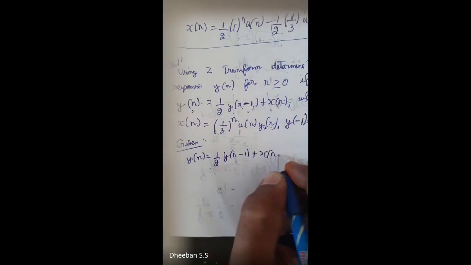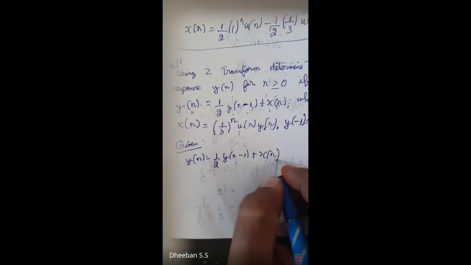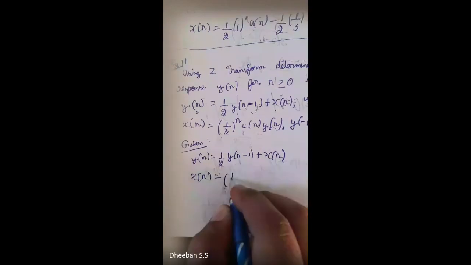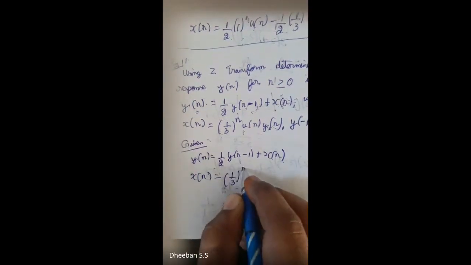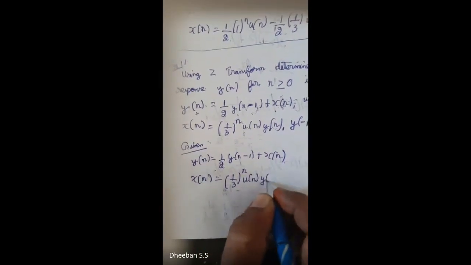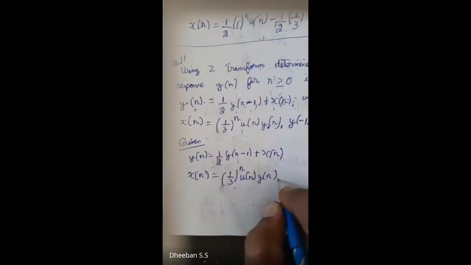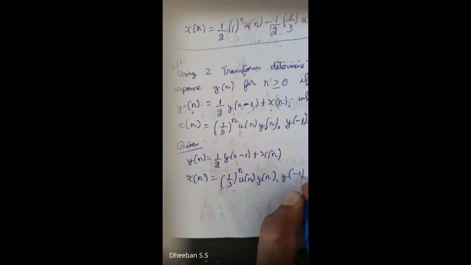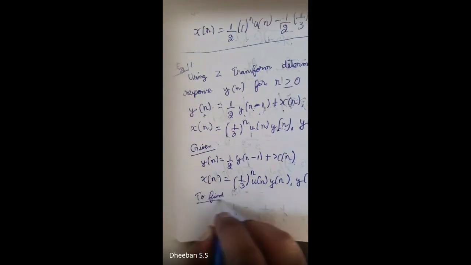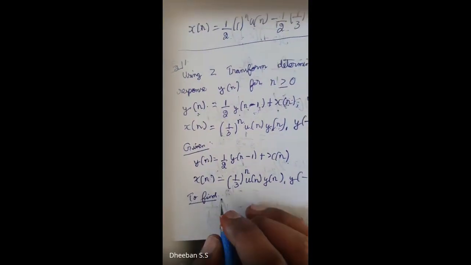Again x of n is equal to 1 by 3 the whole power n u of n. Again y of minus 1 is 1. So this is what they have given, and they have to find the z transform of this y of n.